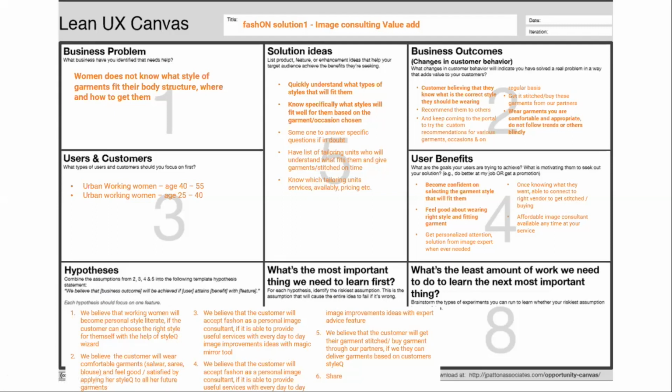It says what's the most important thing we need to learn first. Out of the one dozen hypotheses, you have to see what is the one thing or a few things. For each hypothesis, identify the riskiest assumptions. This is the assumption that will cause the entire idea to fail if it's wrong.